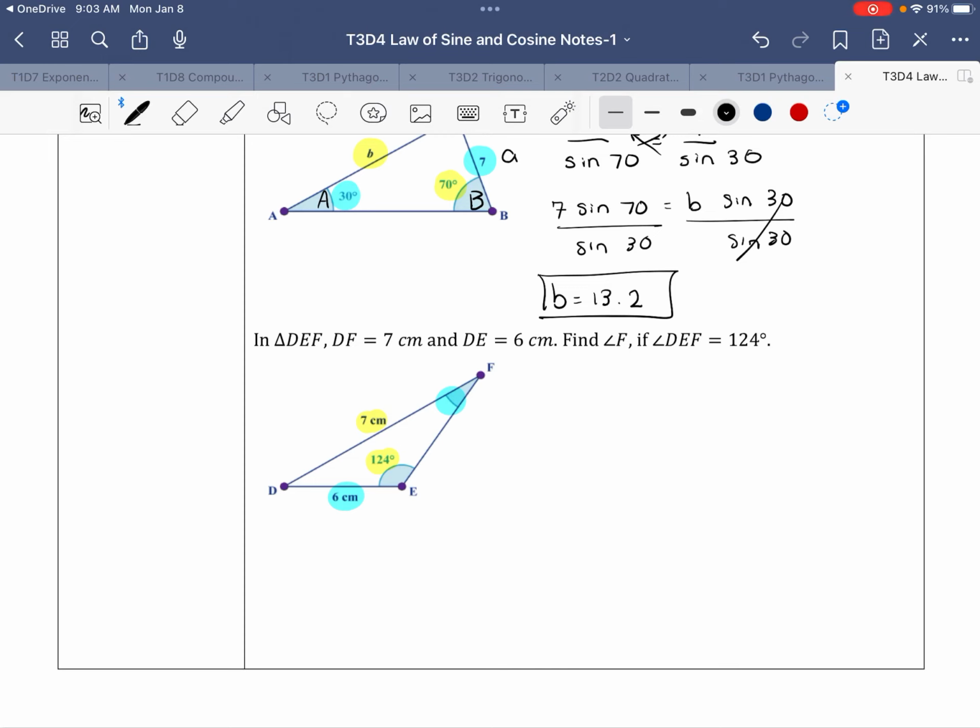So we'll set it up similarly. We know that 6 goes with sine of, let me start by labeling our given information. This can be our side A, which goes with angle A, and then side B goes with angle B. So 6 goes with sine of B, which is what we'll be looking for, is equal to 7 over sine of 124.